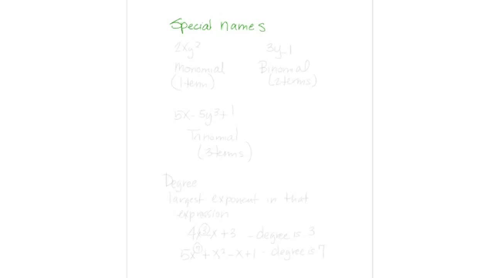For example, 1 term, the special name is a monomial, like a motorcycle or a monocle. 2 terms, the name is a binomial, like a bicycle with 2 wheels.